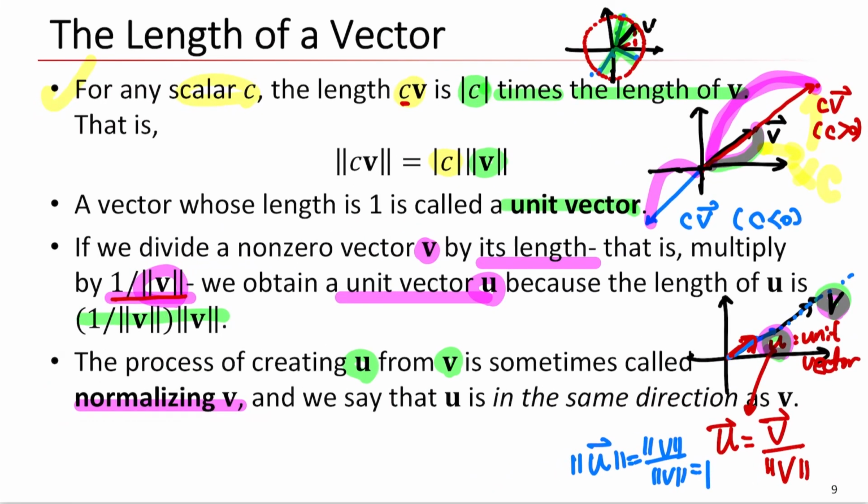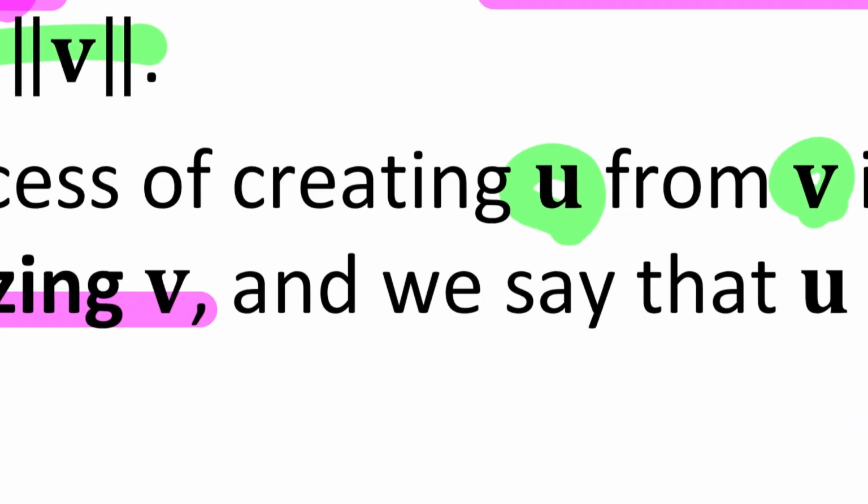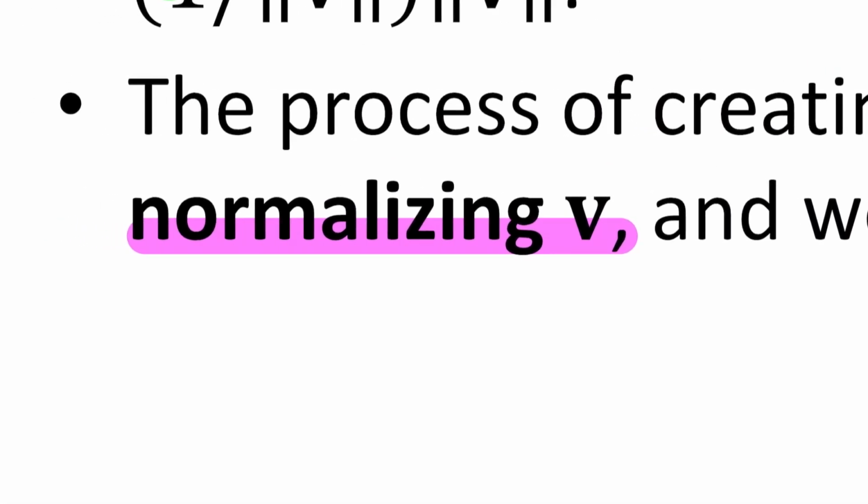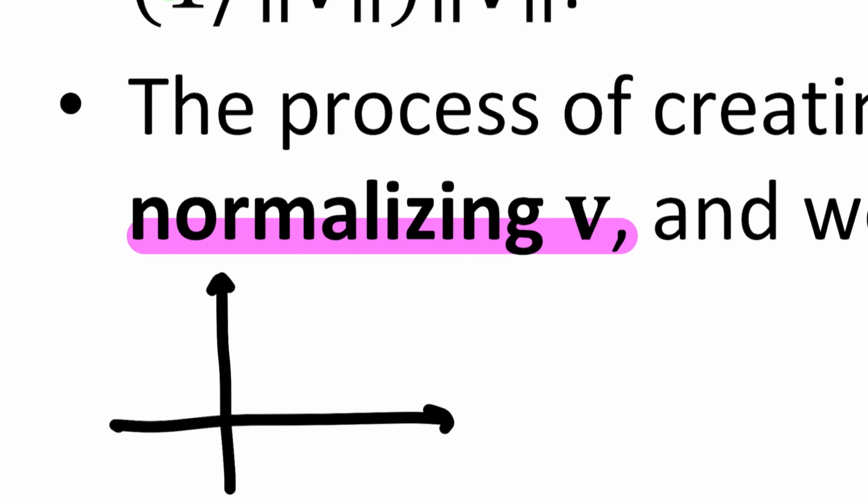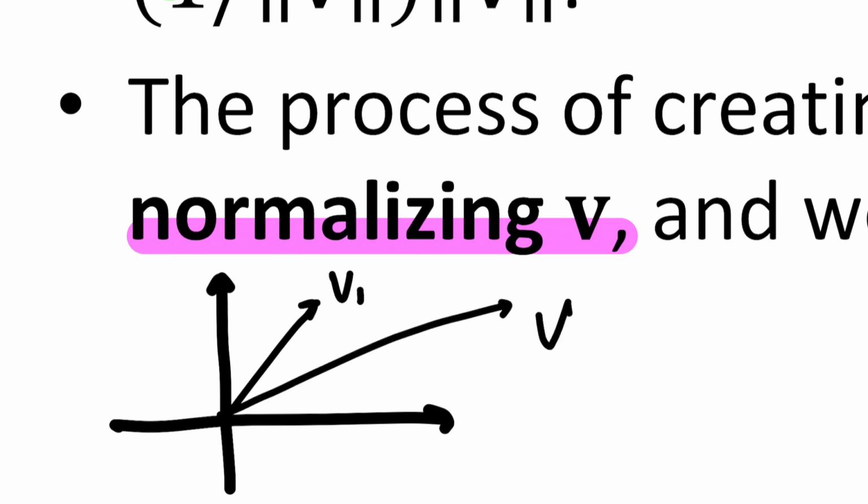Okay, why do we need a unit vector? Because sometimes the length of the vector is not important. Let's think about some intuition. Let's say there are three vectors v1, v2, v3.